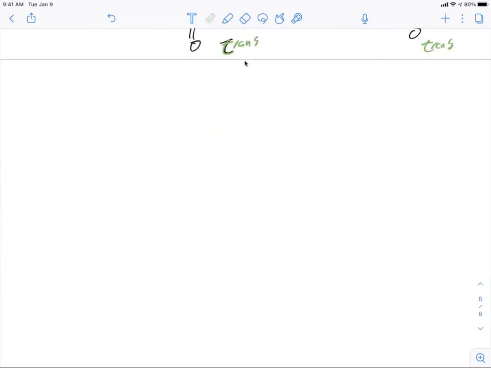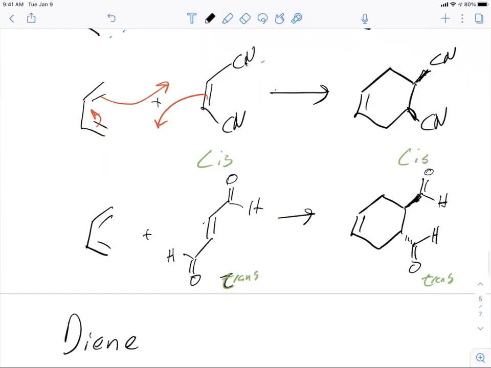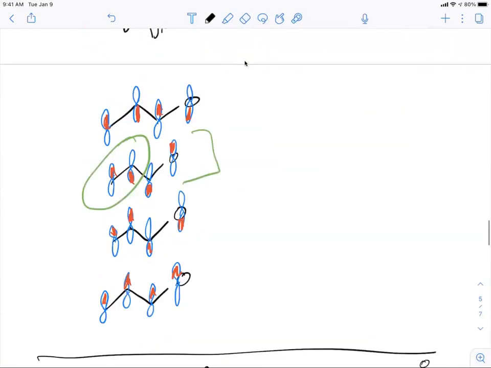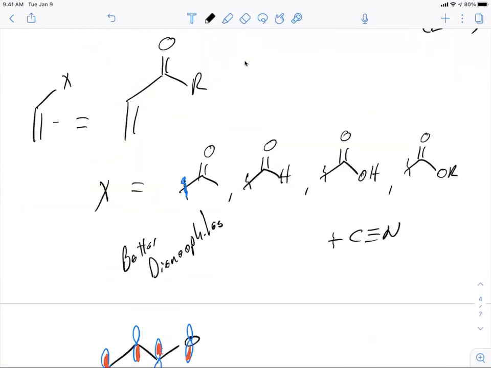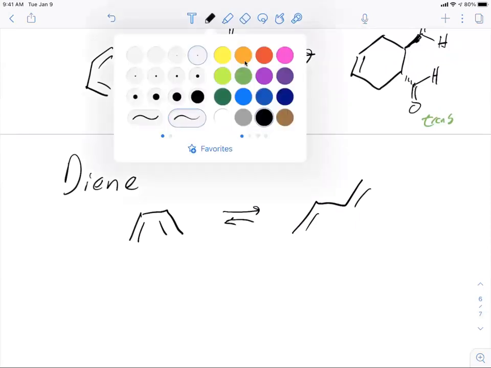Now the other species that we need to be concerned with is our diene. Now dienes can be electron rich, but it turns out in most cases, whenever you're using something like the carbonyl species, even a normal diene is going to work fine. But you're going to want your diene to be in the S-cis formation, right?